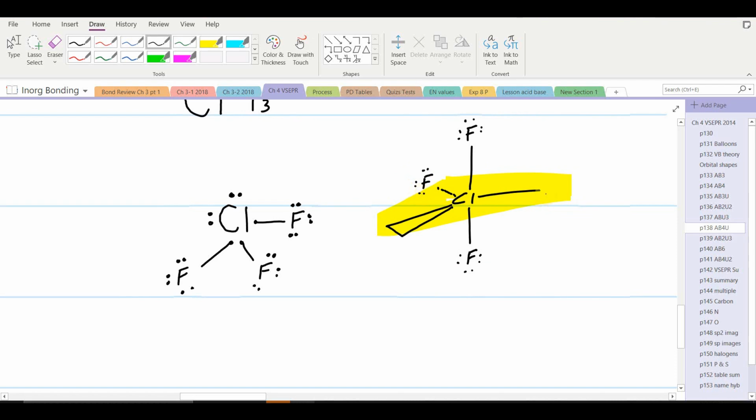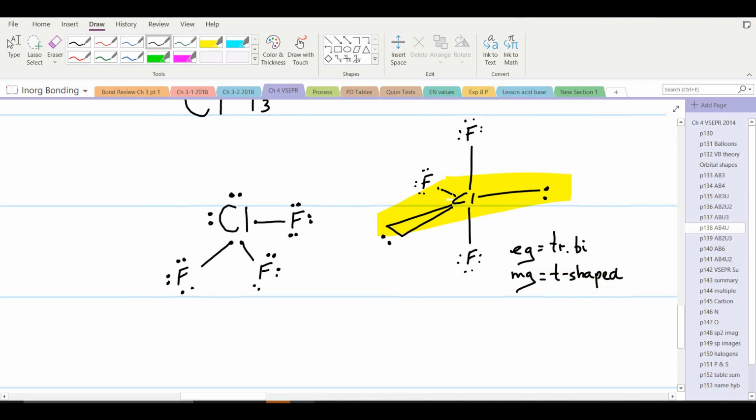And then the 2 non-bonded pairs would occupy the equatorial positions where there's more space. So the electronic geometry of this is again triangular bipyramidal. I don't want to write it out. What's the molecular geometry? What does that look like? Can you see the letter T there among the atoms? The molecular geometry is T-shaped.